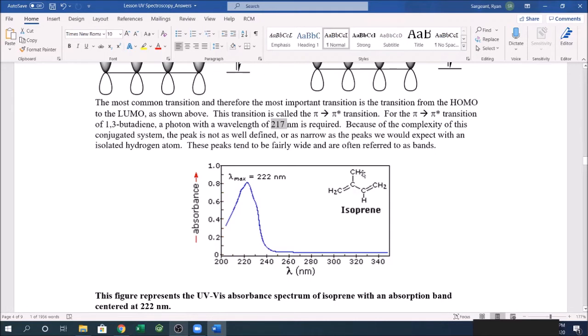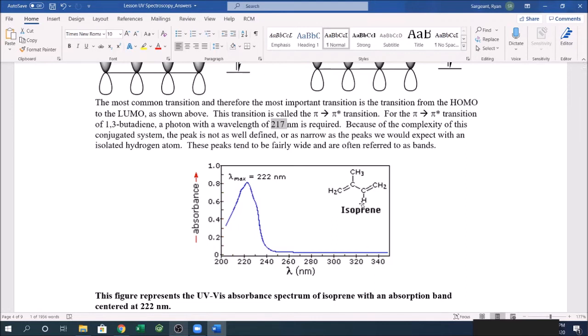And you would reasonably then ask, does a methyl group predictably cause the lambda max to go up by 5 nanometers? What if I put a second methyl group on there? Would it go up by another 5 nanometers? And what if it was an ethyl group instead of a methyl group?